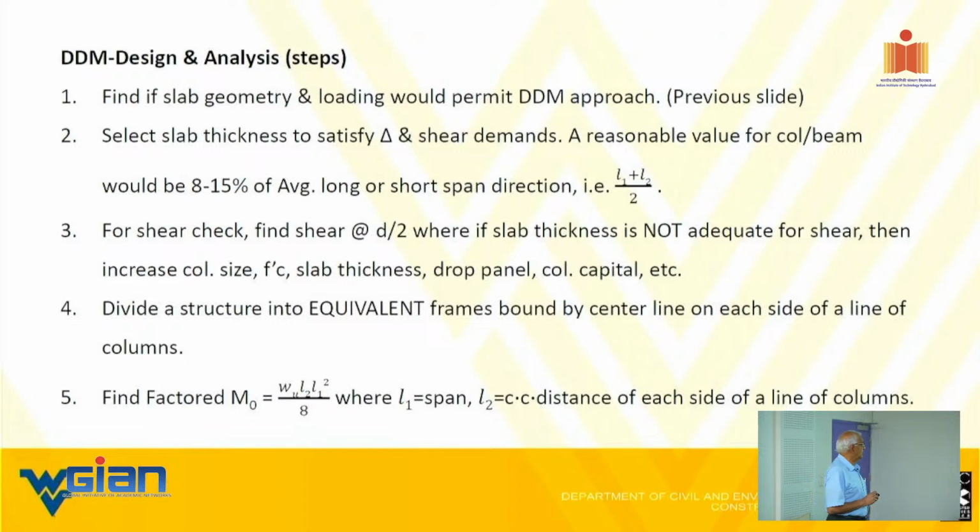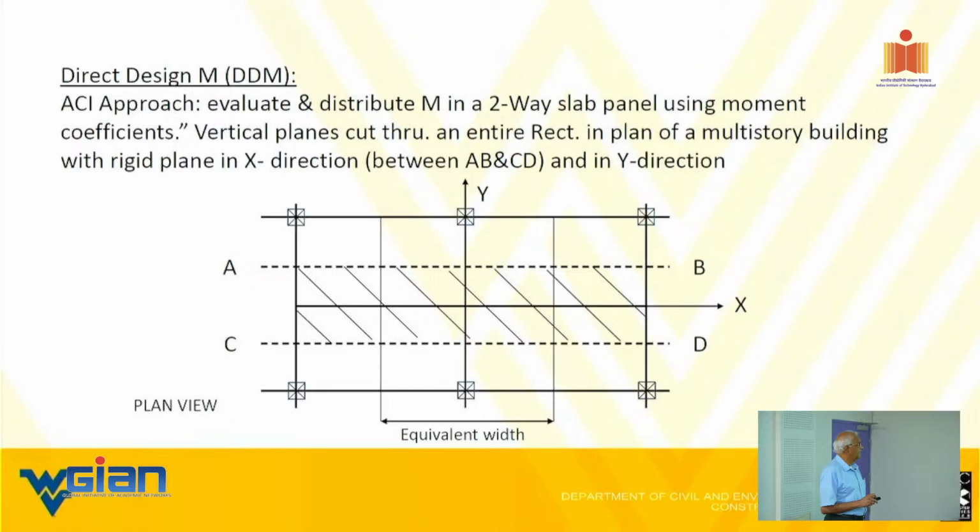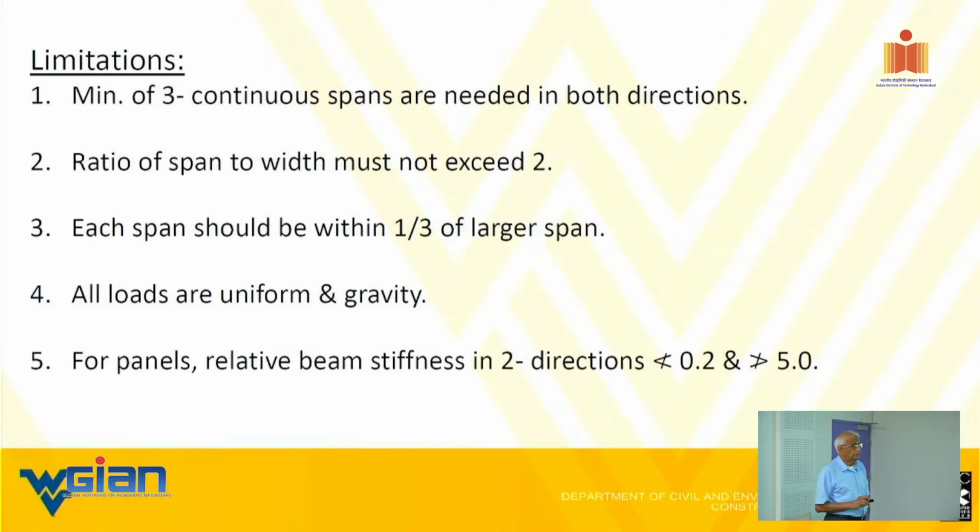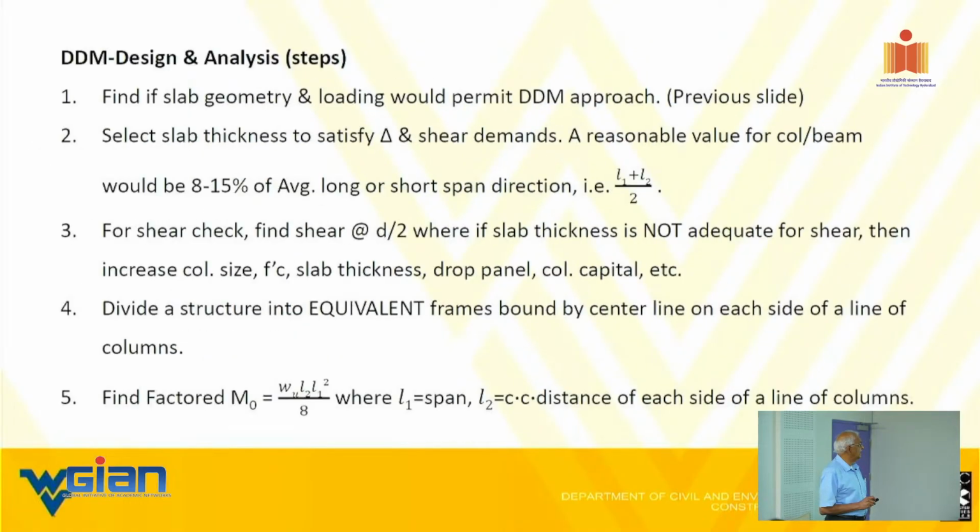Remember the words: divide the structure into equivalent frames bound by center lines, which I already showed you. That's what you have to do. And I'm not going to show you over and over again. I'm just going to move forward. So this factored moment that we are talking about is defined right there. That is the factored moment coming from the panels between the two contiguous column frames.